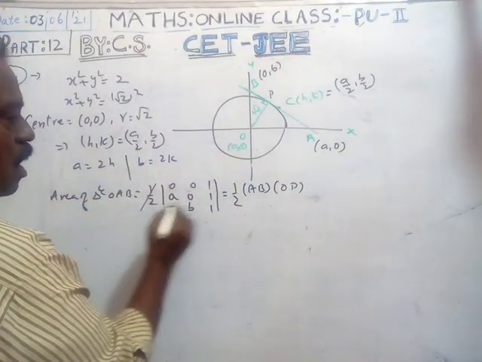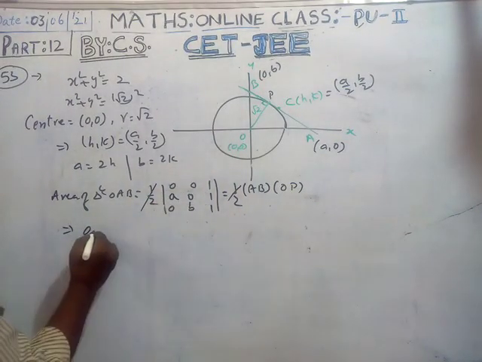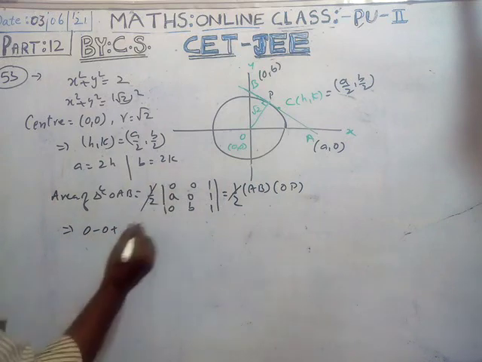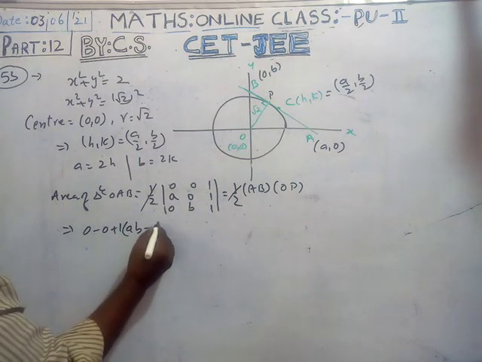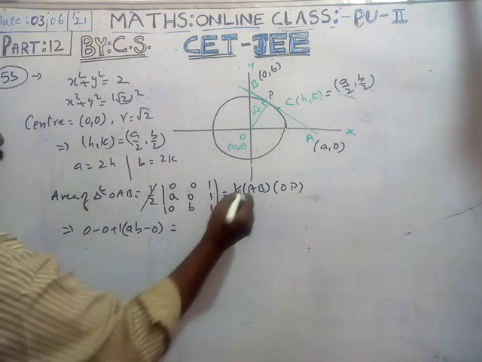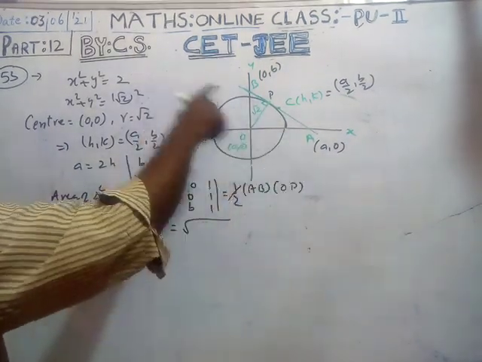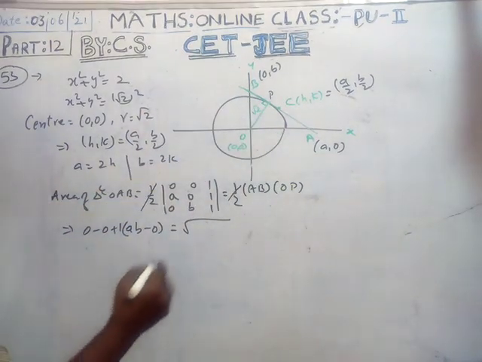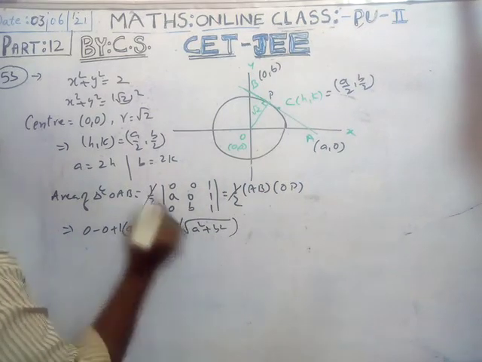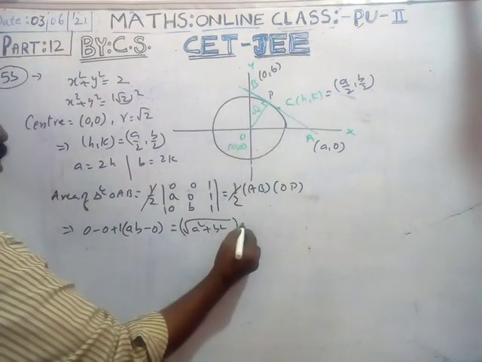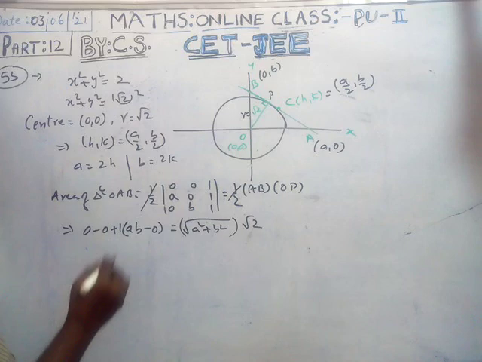Half cancels. Anything with a zero drops out, so only one half of AB remains. What is AB? The length of AB is root of A square plus B square. And the height OP is the radius R, which is root 2.